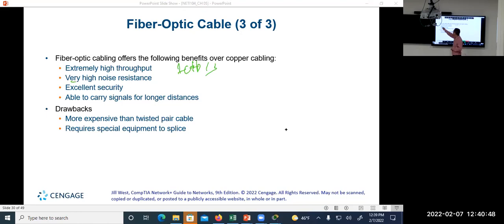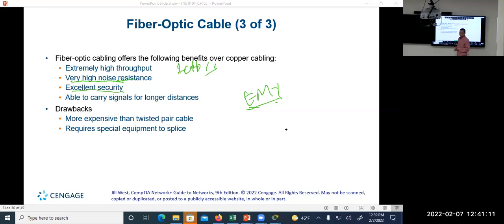The second one is very high noise resistance. It's totally immune to external electromagnetic interference, because it works with light and has nothing to do with electromagnetic signals. That's why it has very high noise resistance.